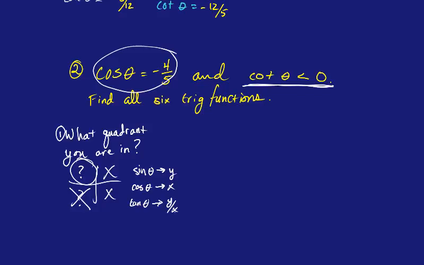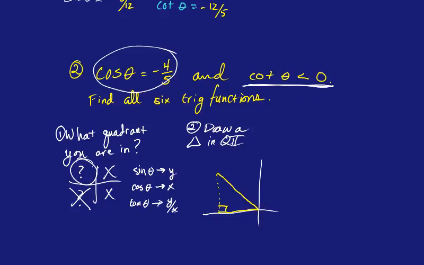So now I know I need my triangle drawn. The second thing I'm going to do is draw a triangle in quadrant 2. Here's my quadrant 2, and the terminal side would end in quadrant 2, and you come down to the x-axis.